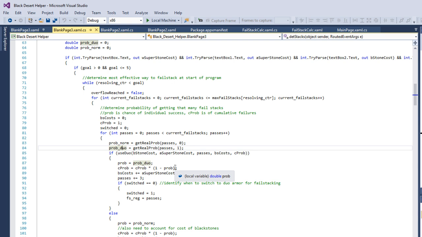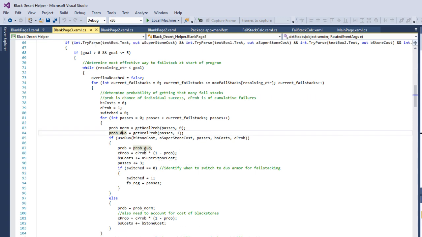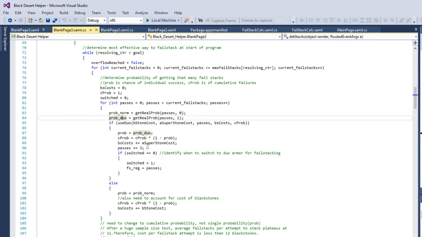With each enchant, you have a lower and lower chance of each enchant working in a row, so you have to multiply the probability each time to see what the cumulative probability is. And so you do that, you add 3 to the loop because you added 3 fail stacks, and that's what happens there.